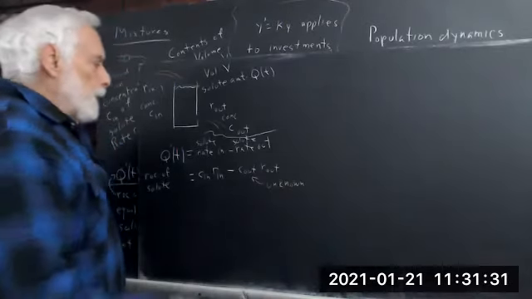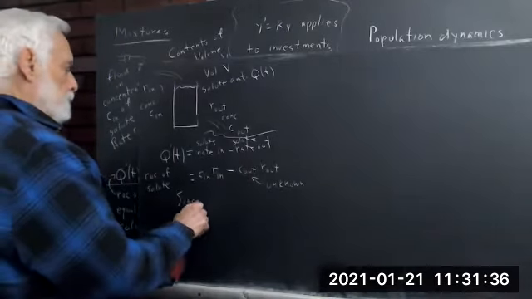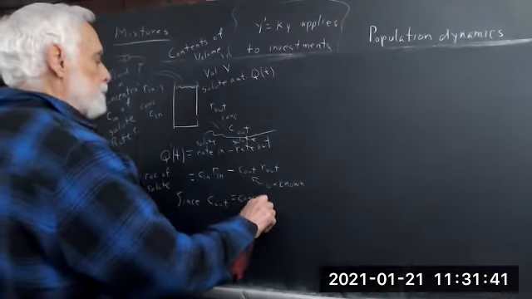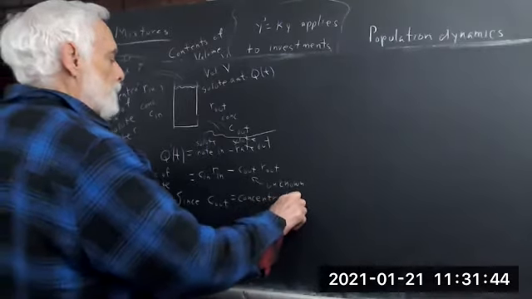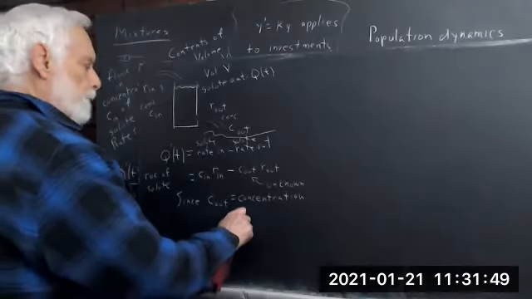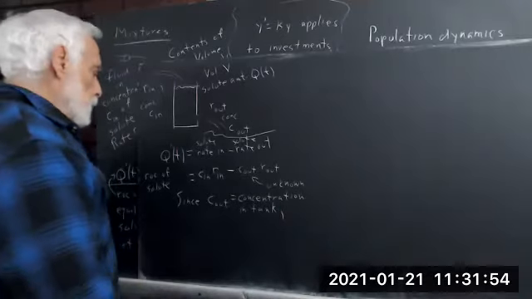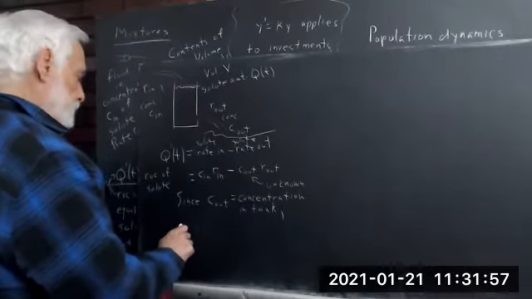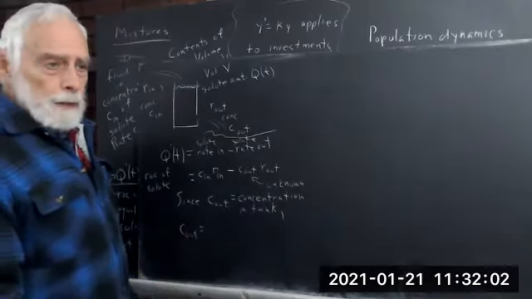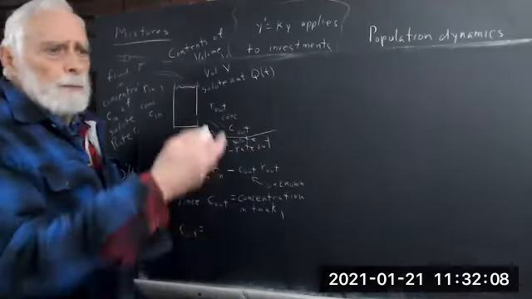Okay, but since C out equals the concentration in the tank, we conclude that C out is what? Concentration of the fluid is the amount of solute divided by the volume.